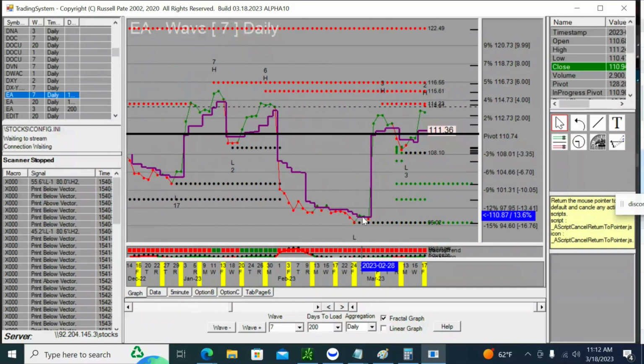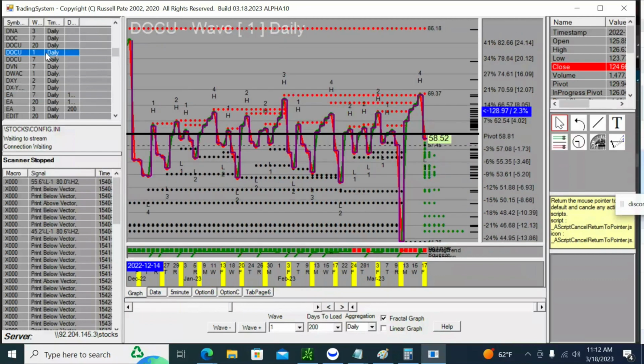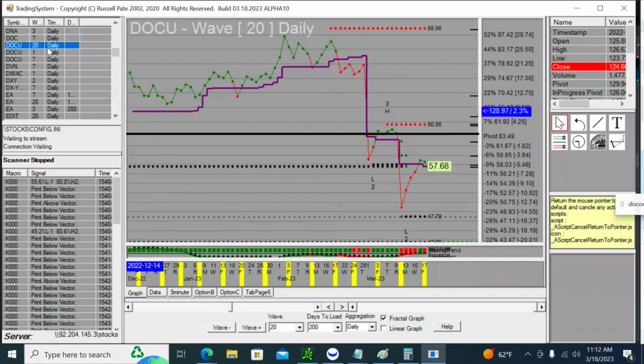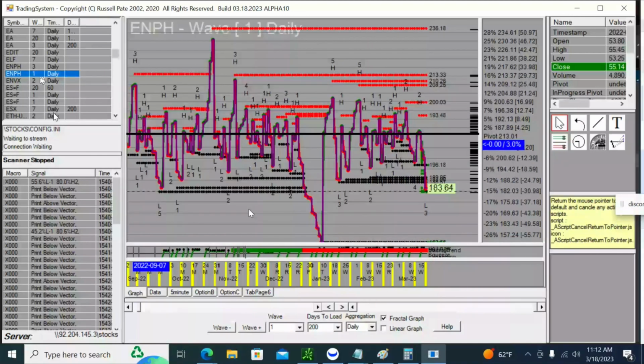It just was dragging its feet. It wasn't even that great of a move.